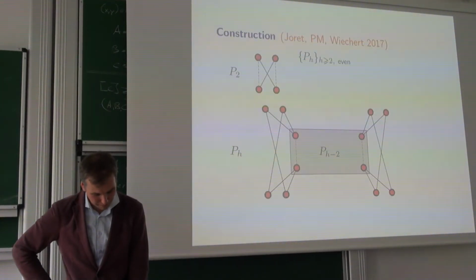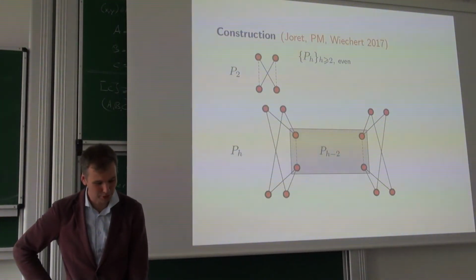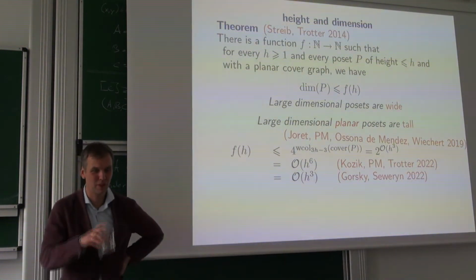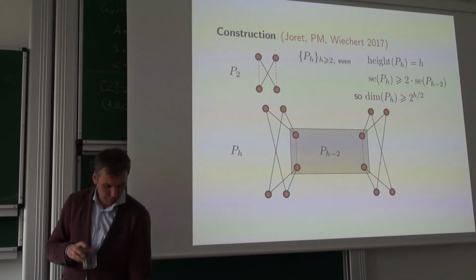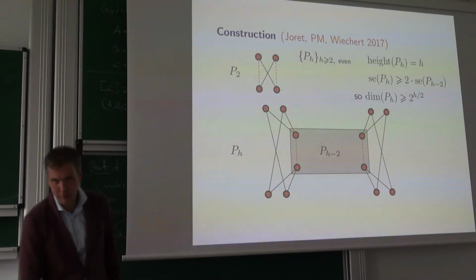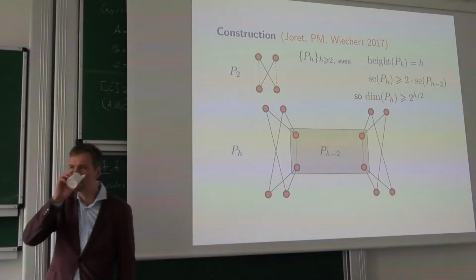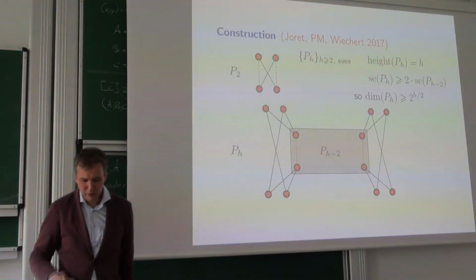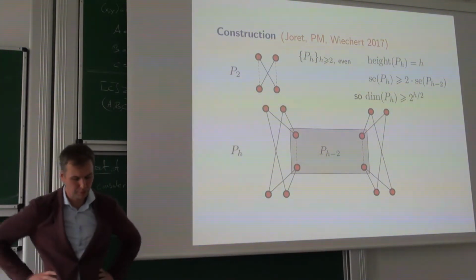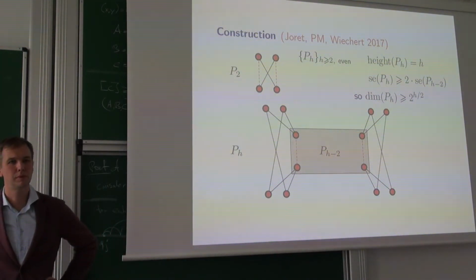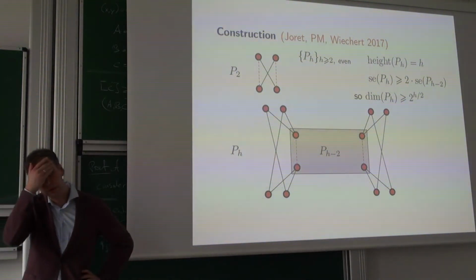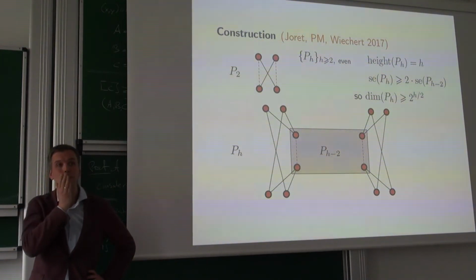Okay. May I have a question? Yes, sure. So this example that you just showed has bounded tree depth, right? Because you can iteratively eliminate those vertices down the tree. Yes. So it is true that the dimension is bounded by a function of tree depth.